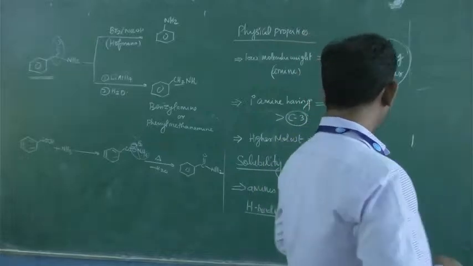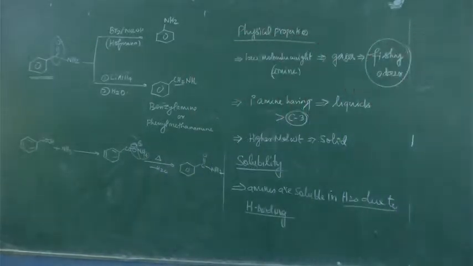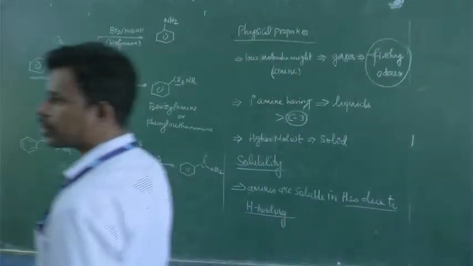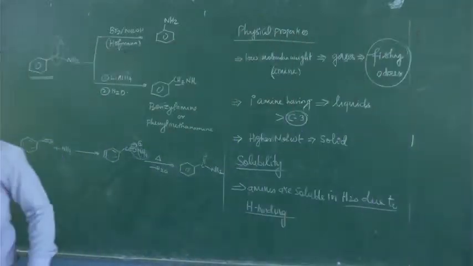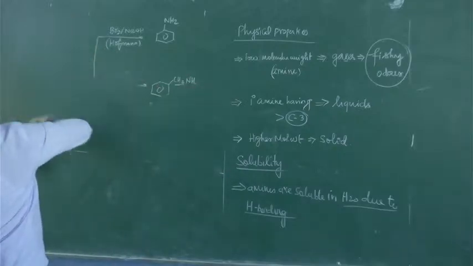Next, if you look at the polarity of amines and alcohol, which one is going to be more polar? Polarity is directly proportional to solubility. For example, you take alcohol and amine and check their solubility. We are checking the solubility of amines as well as alcohol in water.